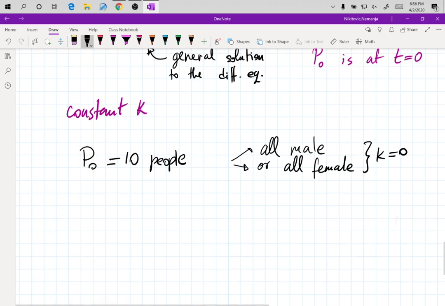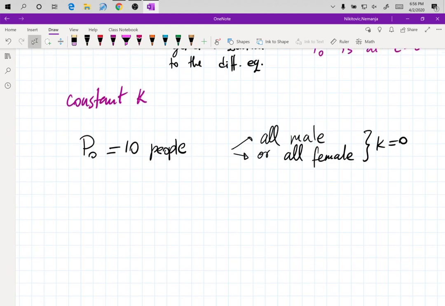All right, now is time to understand K and be very careful what kind of a K we are choosing for our calculations. So let's say 10 people, and we're going to make a couple of examples over here. First example is 5 pairs.